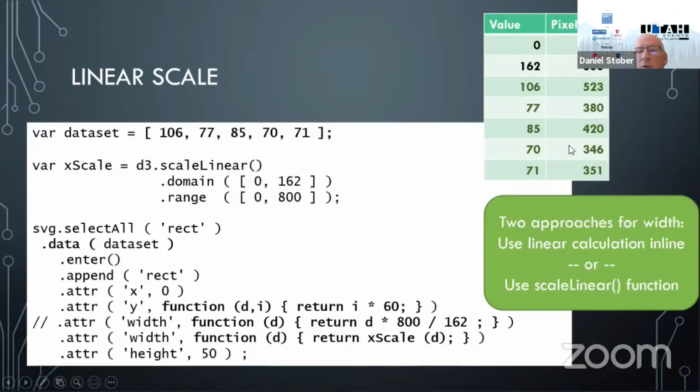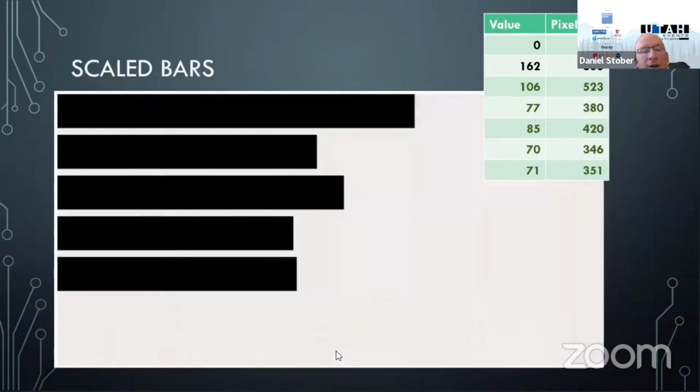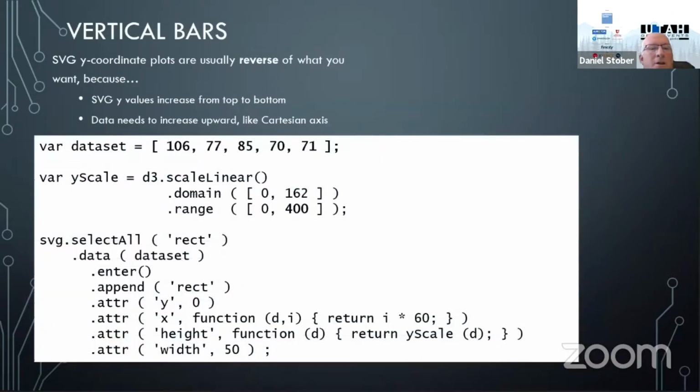Each one returns a pixel translation, and that's what's actually being passed to the width for my bars. And so you can see here that I've now created 5 bars, and they're each a different length to compare to the data.